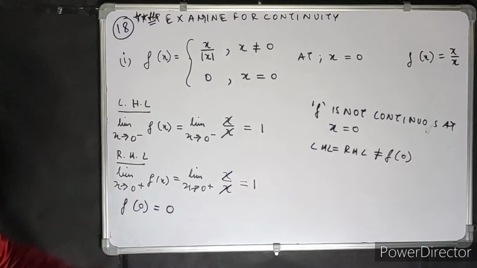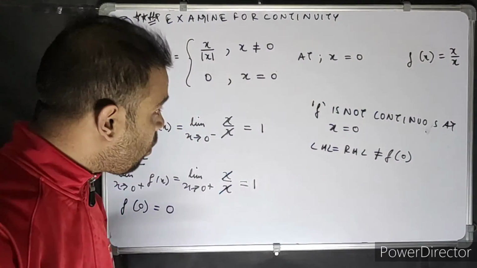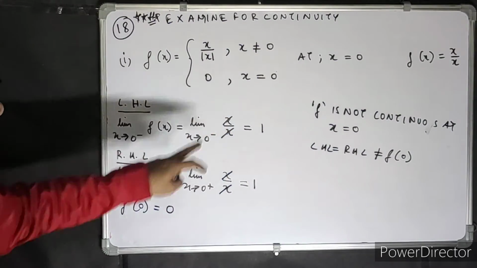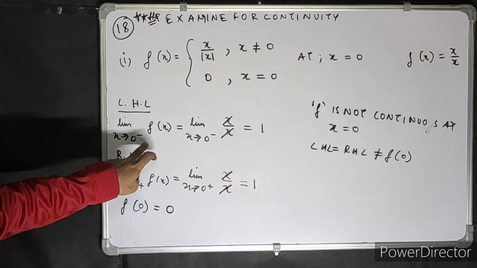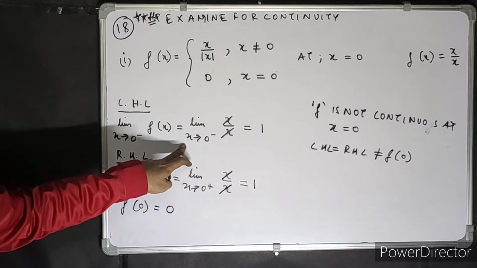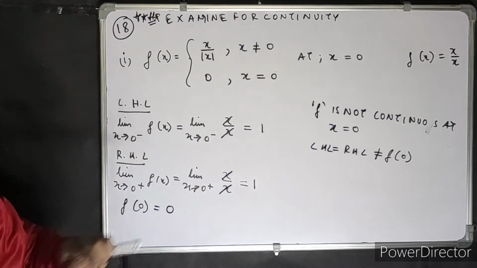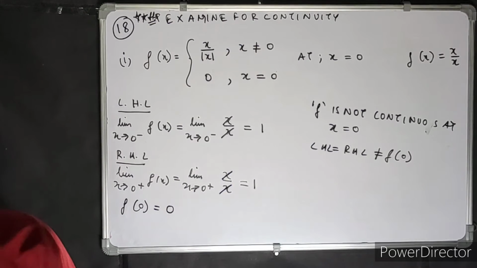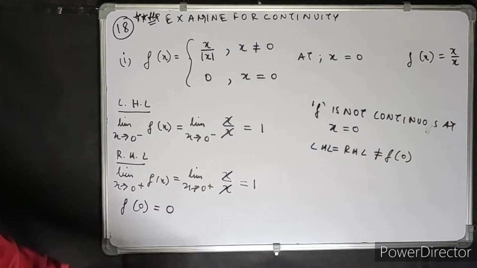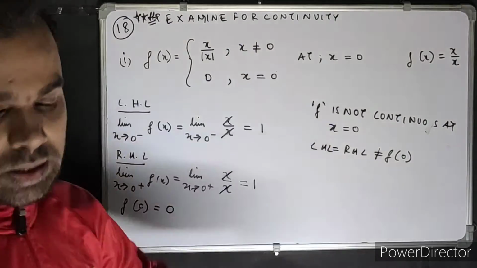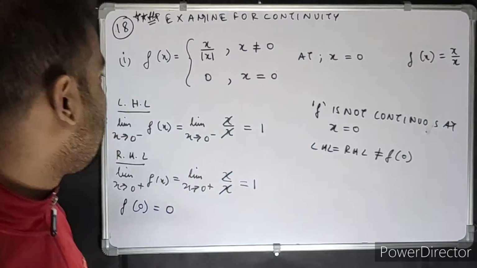We are supposed to check at 0. Because at 0, you're getting the answer as 0, but when you're approaching 0, then you're getting 1 and 1. It just says examine the function for continuity. Question number 18 part 1, discontinuous, not continuous at x equal to 0.